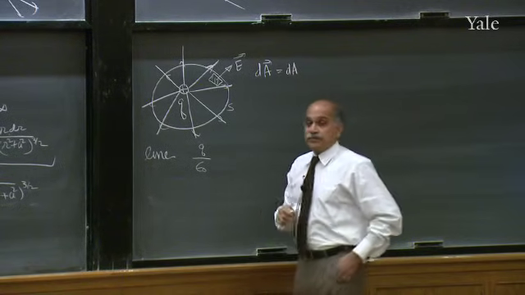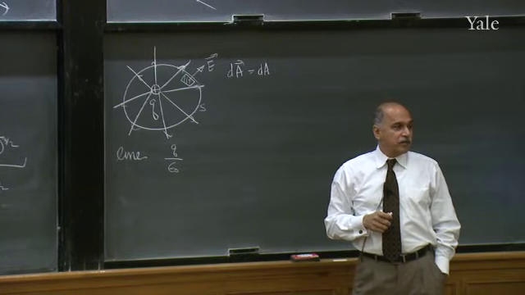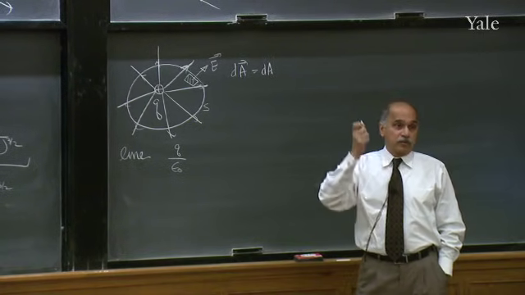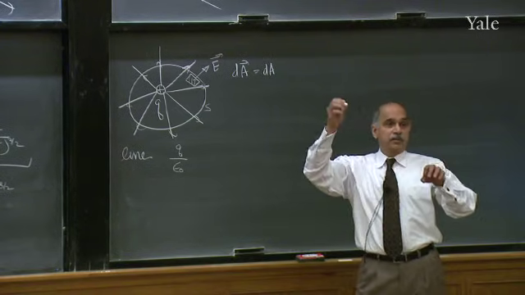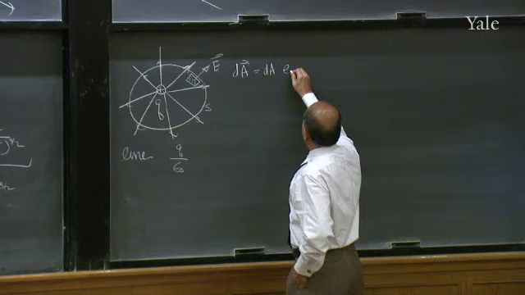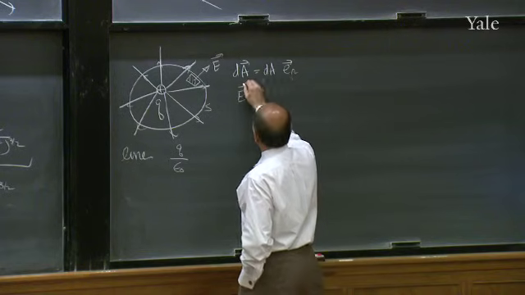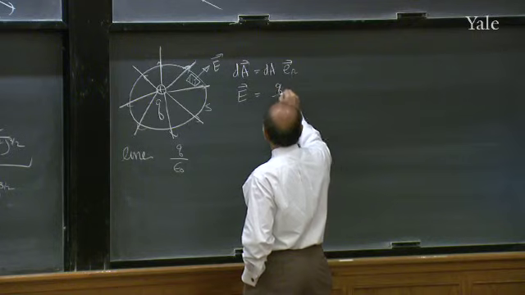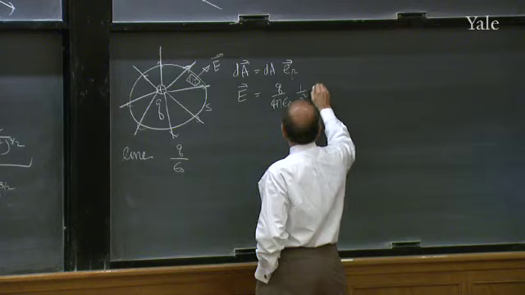What is its direction? The direction of the area vector is radial. You understand? The area is on the surface. The normal to that is a radial vector, which I always denote by ER. The electric field is equal to Q over 4 pi epsilon 0, 1 over R square ER.